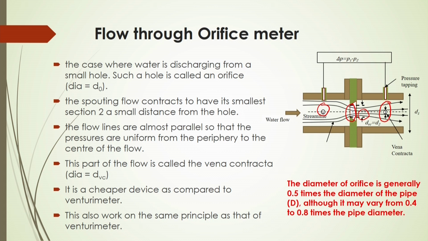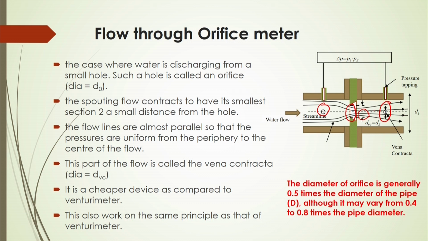The flow lines are almost parallel, the pressure is uniform from the periphery to the center of the flow, and this part of the flow is called the vena contracta.